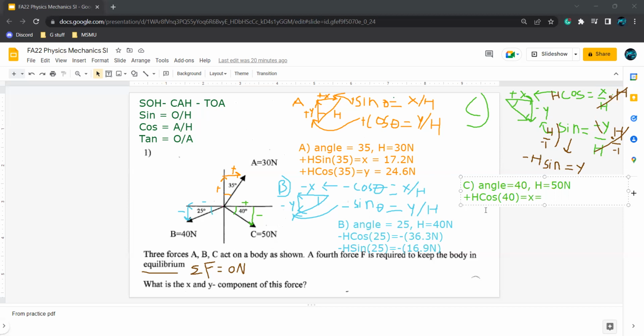Is equal to, put that in later, negative h sine 40 is equal to your y, which is equal to 50 sine 40 is adding the negative 32.1 newtons. And then for cosine, 38.3.